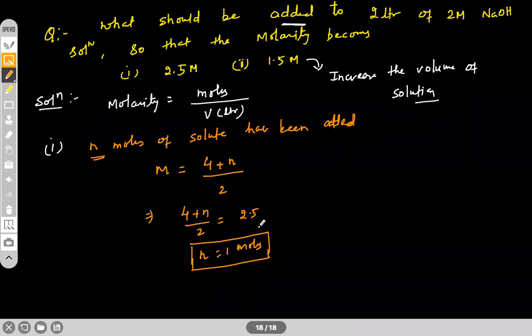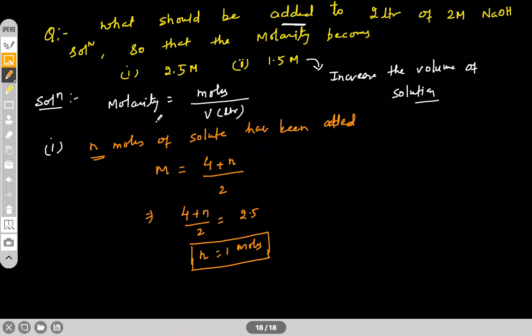Volume won't change because NaOH is solid, right? So we are adding solute into it, right? The amount of solvent is not changing, and you cannot change both. That is assumed to be constant. The amount of solvent is the same. You have taken, suppose, 5 liter of it. In that, you have added 1 mole of NaOH, then another 2 mole of NaOH.